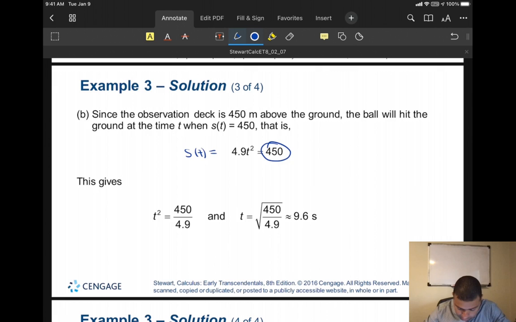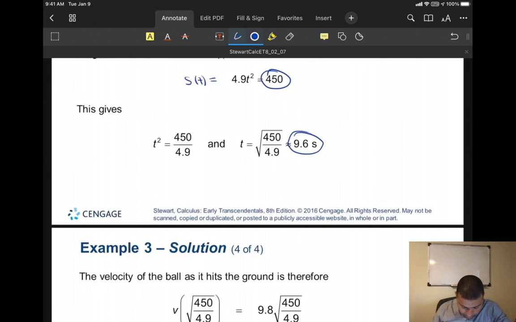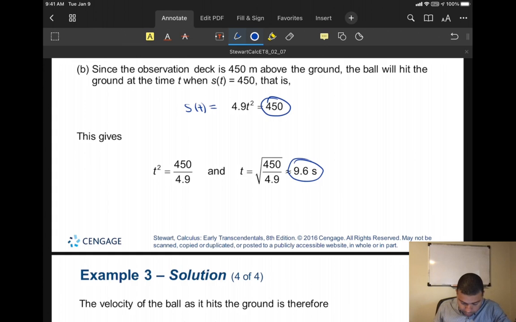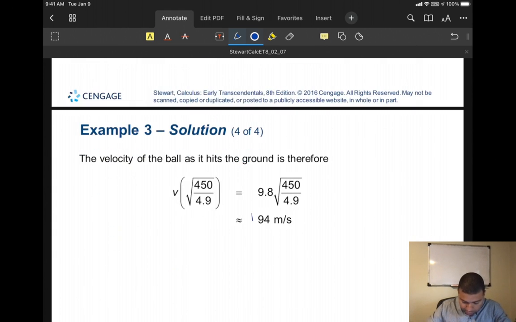Solve for t, finding t equals 9.6 seconds, and plug that into the equation I gave you, 9.8 times t, to figure everything out. Okay? Approximately 94 meters per second. That's it. That's the idea.